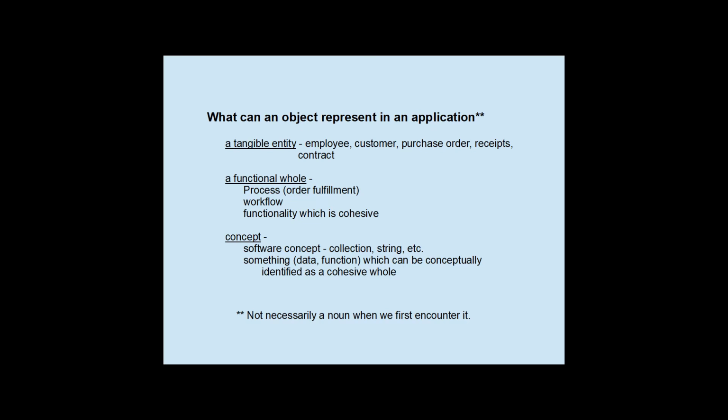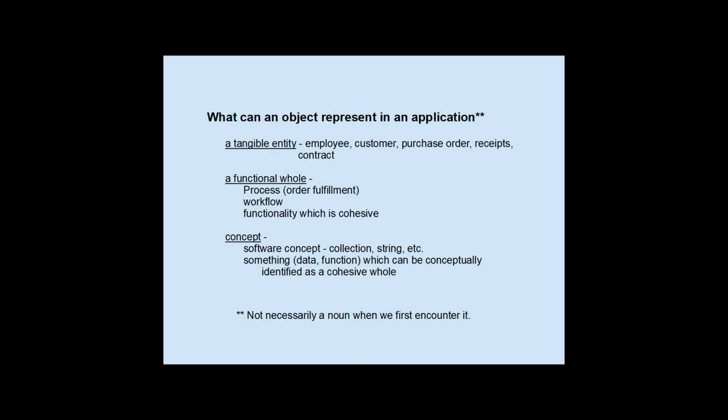Here is what one should keep in mind when finding potential or candidate objects of an application. First, tangible entities which will be found as nouns or noun phrases. Examples of these entities are things such as employee, customer, purchase order, receipts, or contract. Beyond this, one should look for functionality in the requirements which are functional wholes.